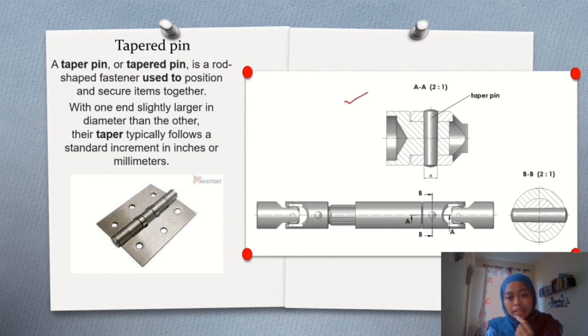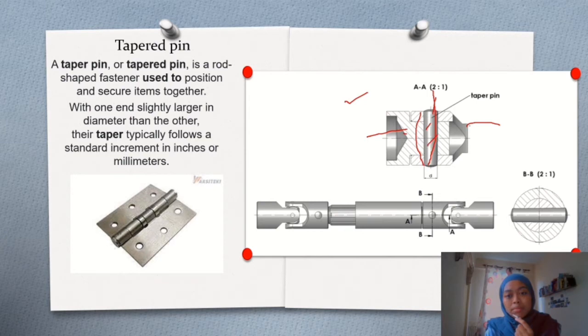In this diagram, this is the first part and this is the second part, and each part has a hole in the middle, and a tapered rod will be inserted in here and make these two parts combine together.